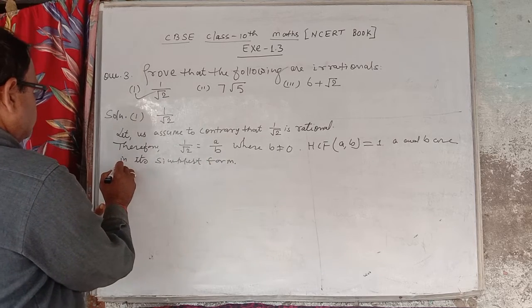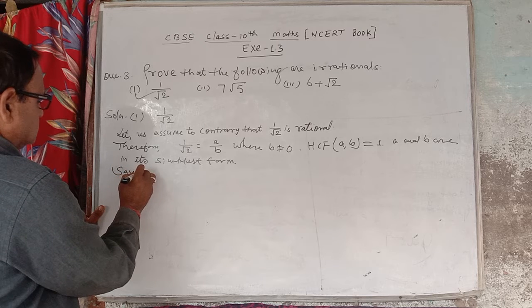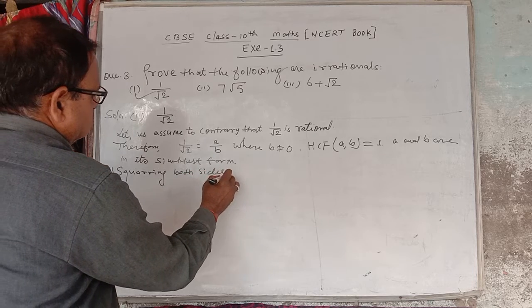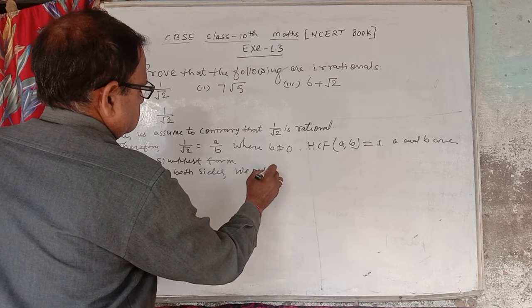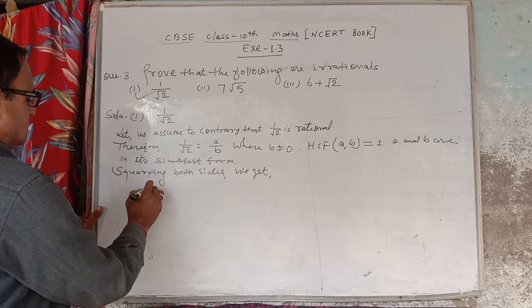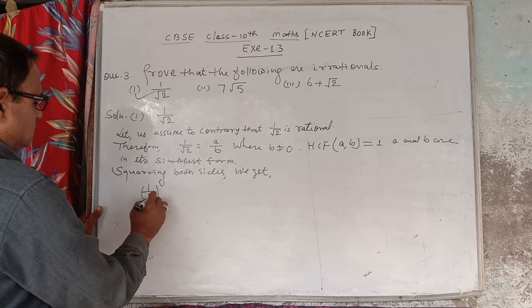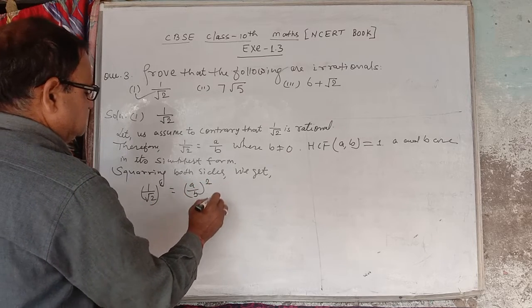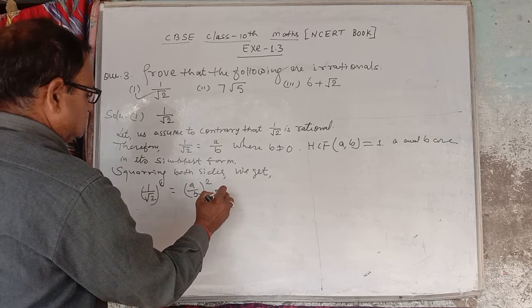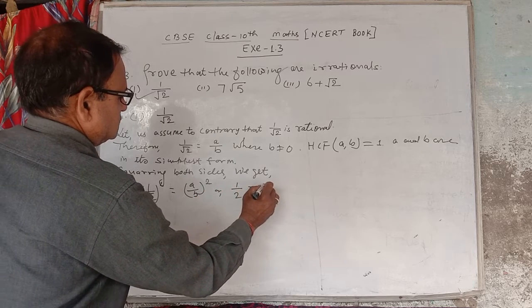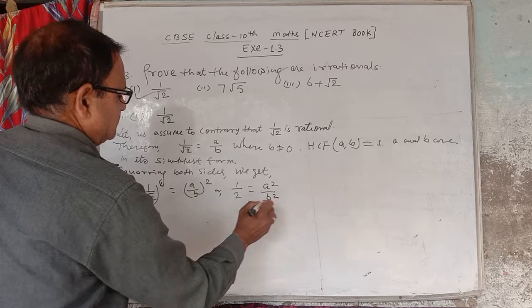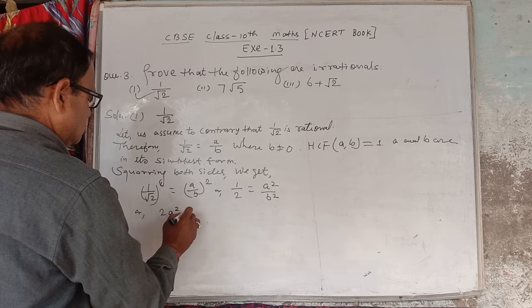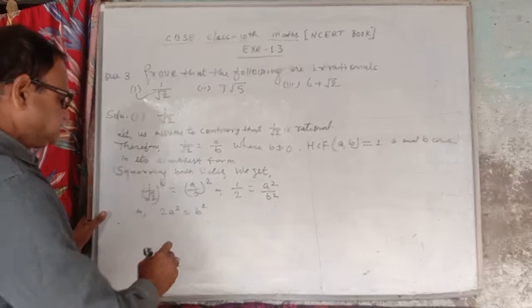Now squaring both sides. We get whole square of 1 by root 2 is equal to whole square of a by b, or 1 by 2 is equal to a square by b square. Then 2a square is equal to b square.